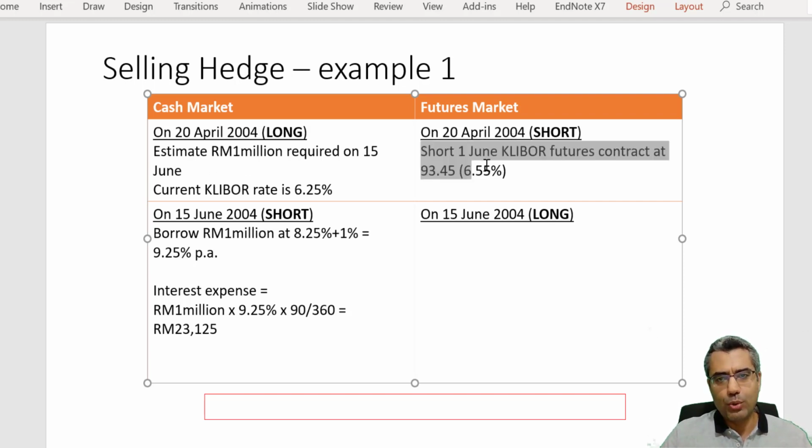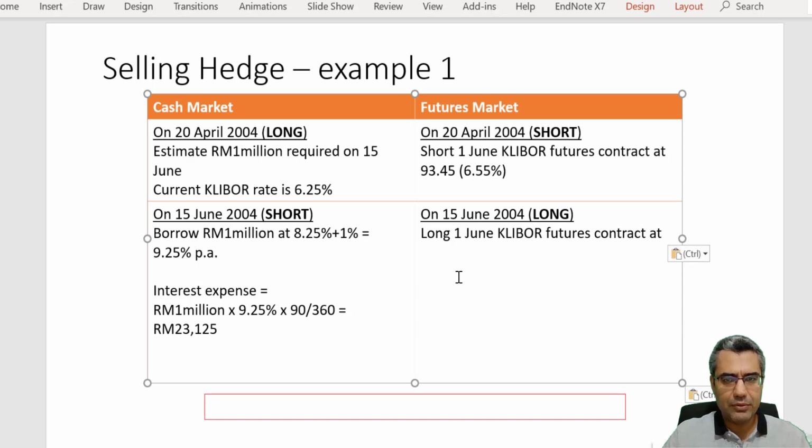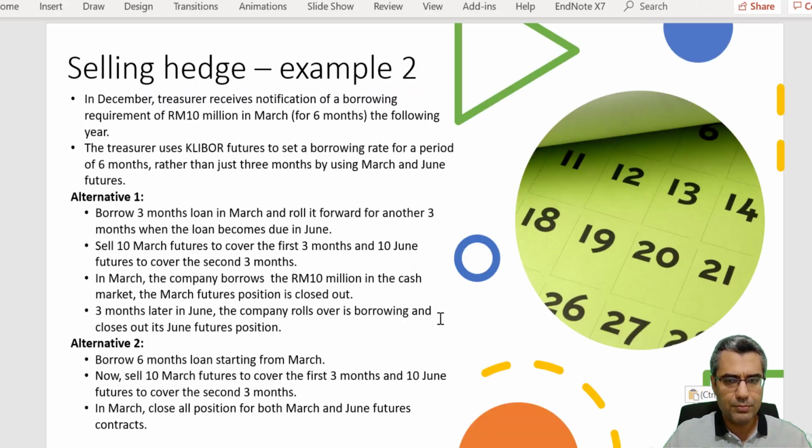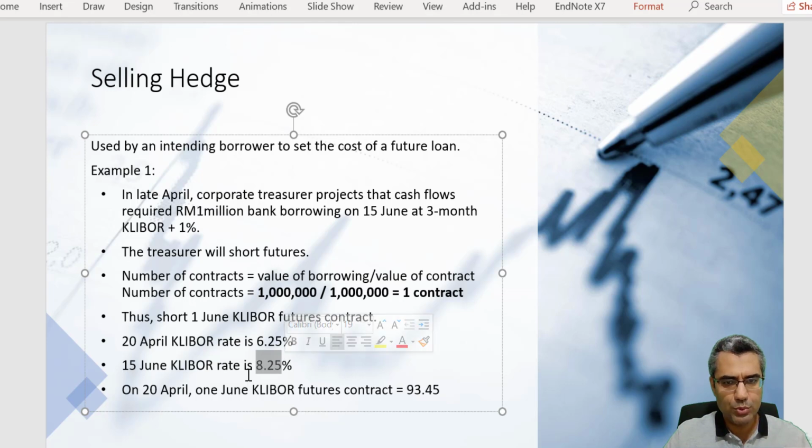Now, you already short 1 KLIBOR futures contract. Now you need to close the position. So you long the futures contract that you already short. At what rate? What is the rate on 15th of June? The 15th of June KLIBOR rate is 8.25%.